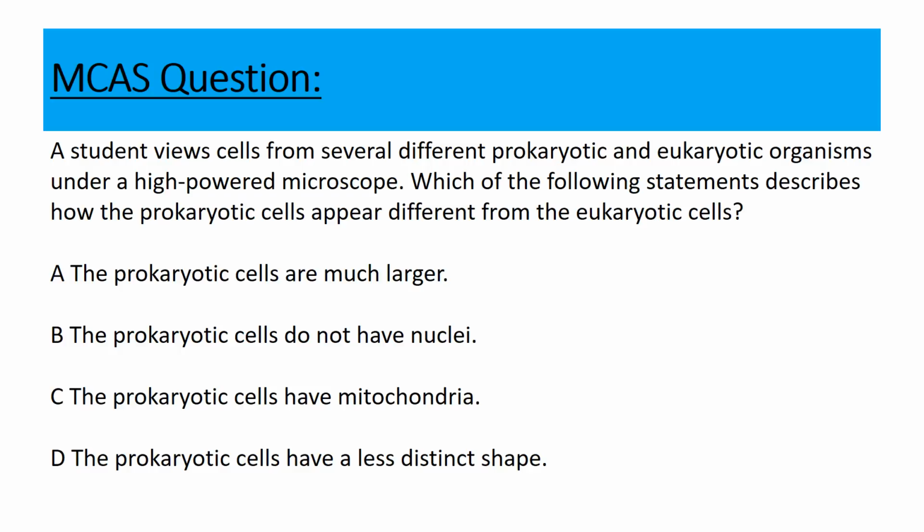C, the prokaryotic cells have mitochondria. Or D, the prokaryotic cells have a less distinct shape. The answer is B, the prokaryotic cells do not have nuclei. That's what distinguishes prokaryotic cells from eukaryotic cells.